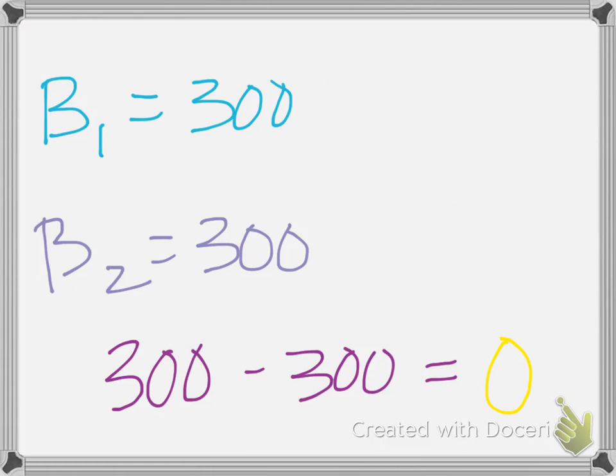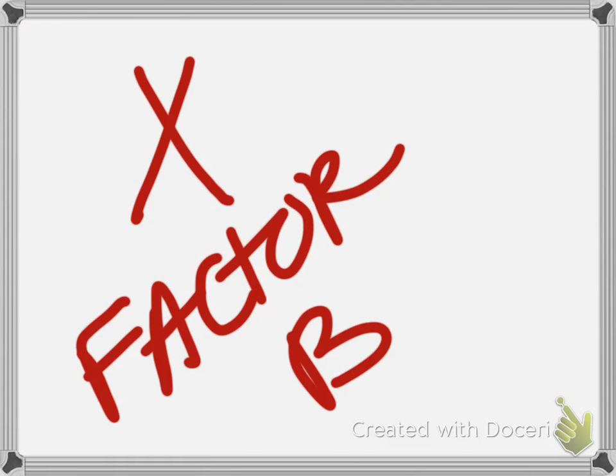To continue, we have B1 equaling 300, B2 equaling 300. So 300 minus 300 equals, of course, 0. Meaning that in order to have a main effect, there has to be a difference. And since there's no difference, it equals 0 and both are 300. There's no main effect for factor B. And this is me just showing that there's no effect for factor B.